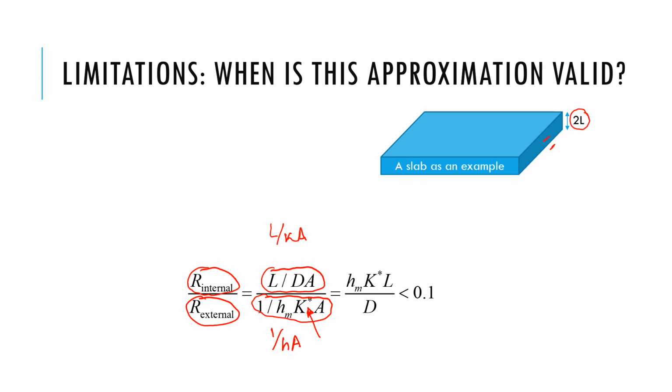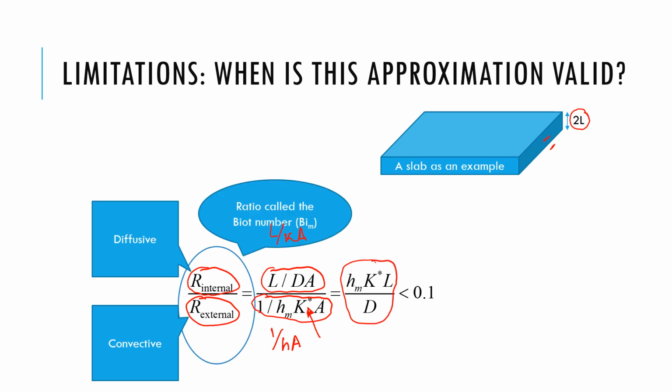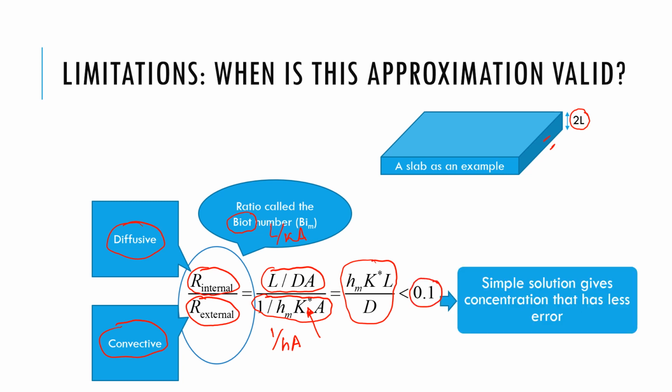So given this internal over external, this ratio, again, this diffusive over convective resistance, is also the Biot number, of course, but it's the Biot number for mass transfer. When that is less than 0.1, we can say these simple solutions give concentration with less error.